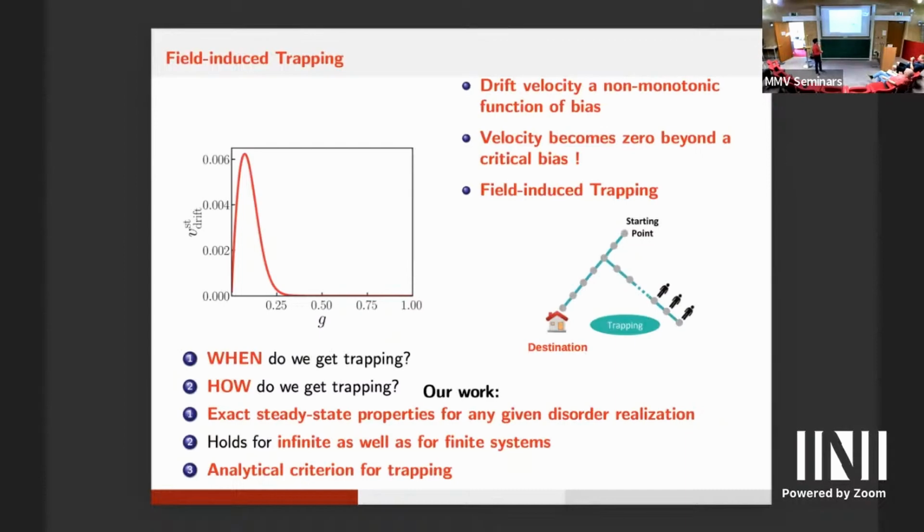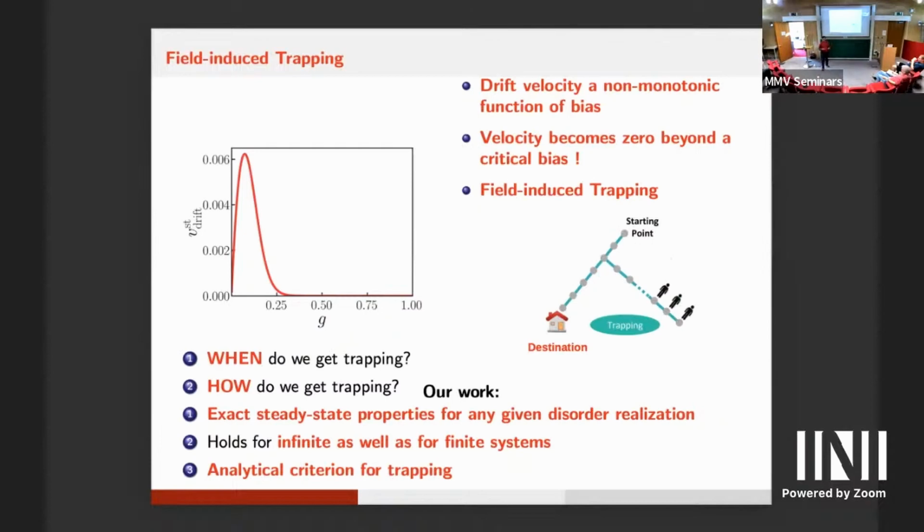If you take it from an exponential distribution, then this is the picture that appears. When you have an exponential distribution of the branch lengths, there are two length scales that come into play. One length scale is set by the exponential distribution: what is the typical length of a branch? The second length scale is set by the inherent dynamics of the random walker, because the random walker has to at times go against the field.